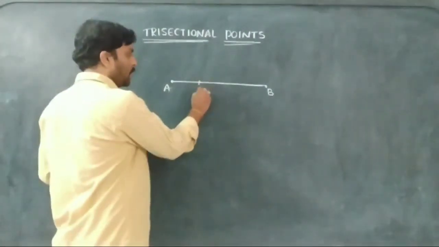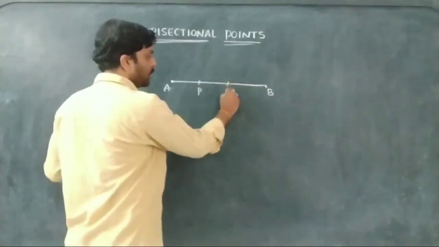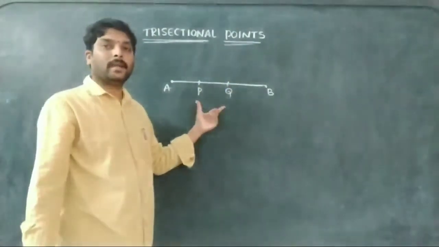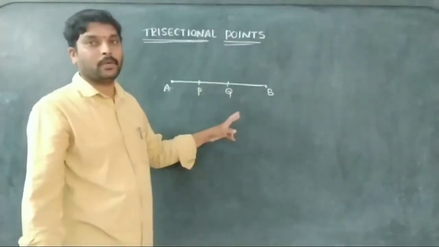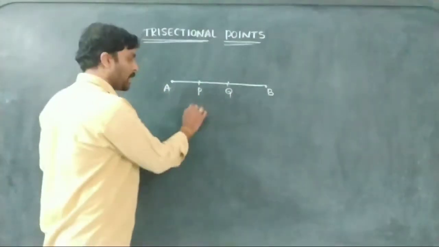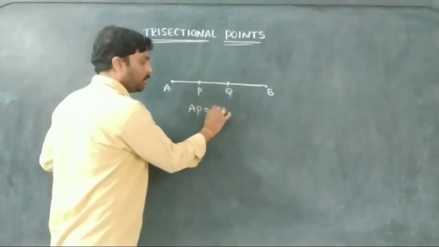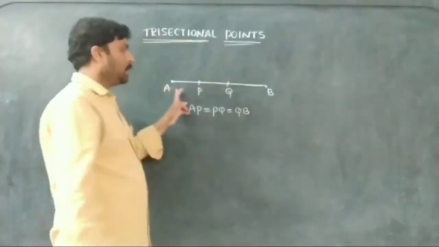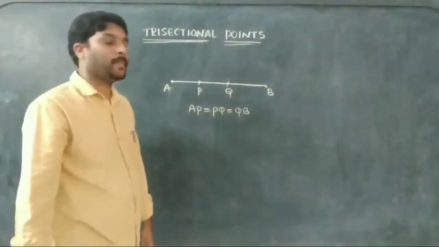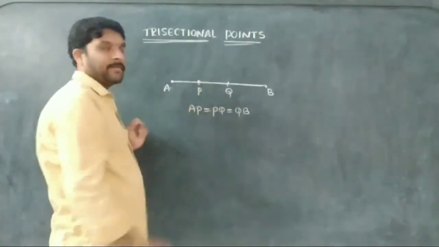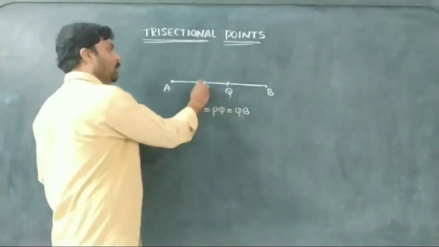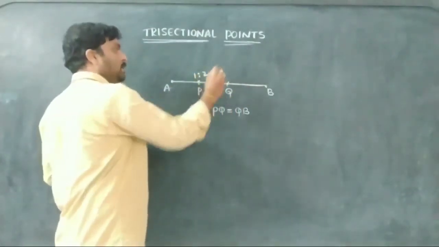First suppose we keep P, the second point is Q. P and Q divide the line segment AB into 3 equal parts, like AP is equal to PQ is equal to QB. The 3 equal parts. So now observe, this is one part, here 2 parts.